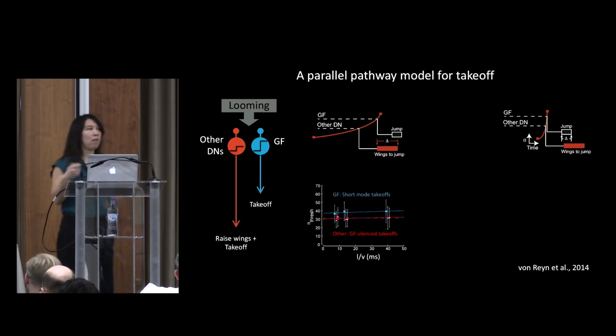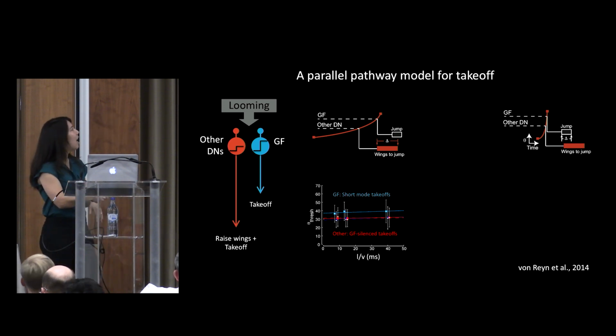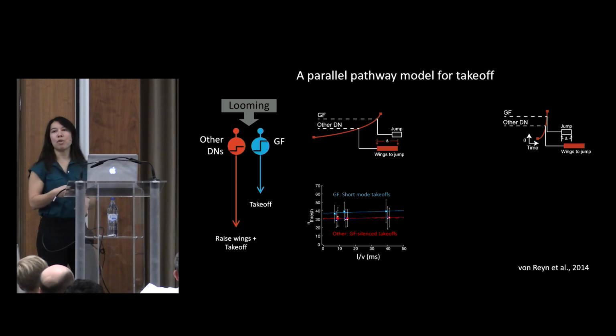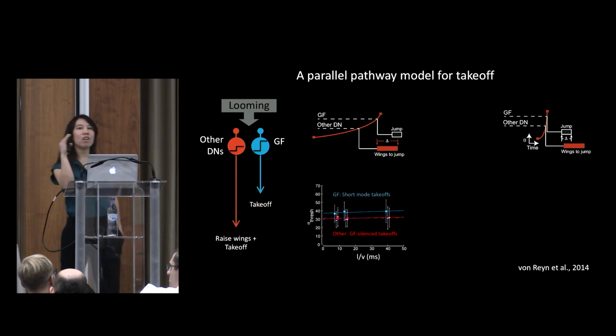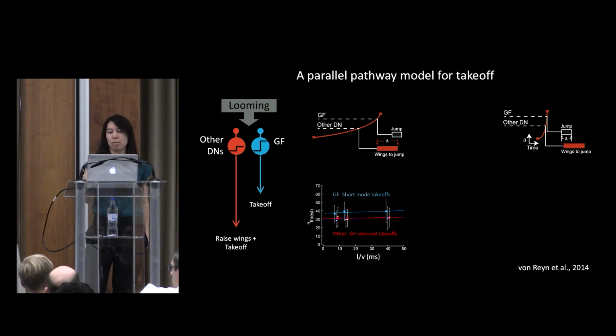Conversely, if you have a rapidly expanding stimulus, then sure, you pass the lower threshold first for the other descending pathways, but before the motor delay can elapse in order to enact the action driven by those pathways, you cross the higher giant fiber threshold and you get your short mode takeoff.